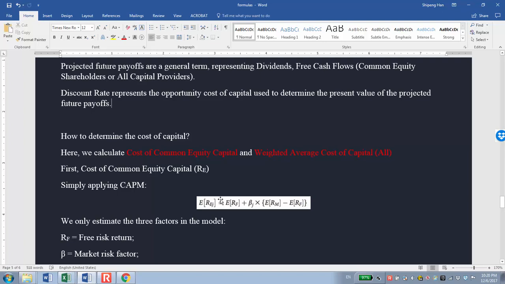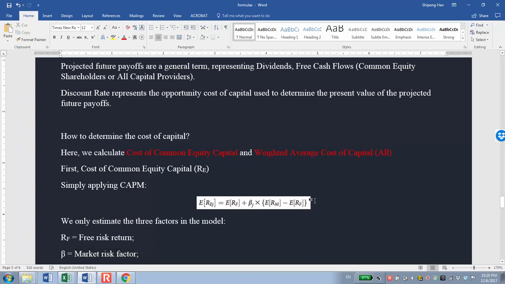The capital assets pricing model says the expected return on common equity capital equals the risk-free return plus beta, or market risk factor, multiplied by the market risk premium, which is the difference between expected market return and expected risk-free return.